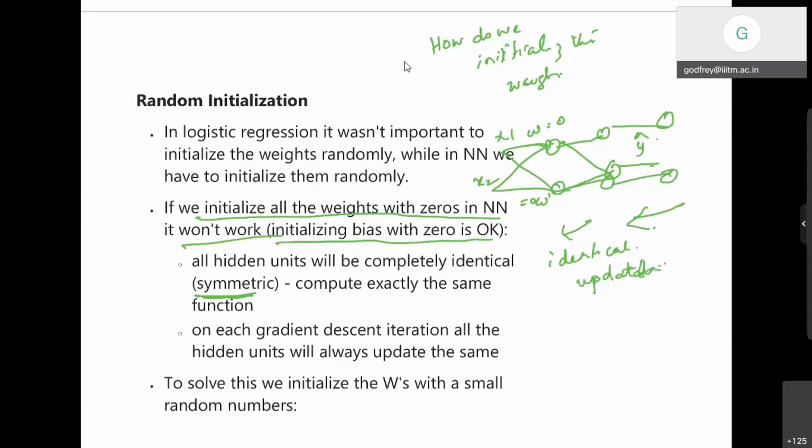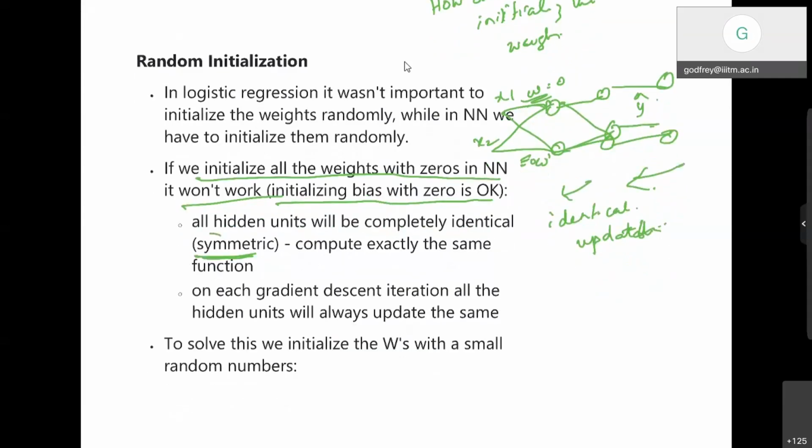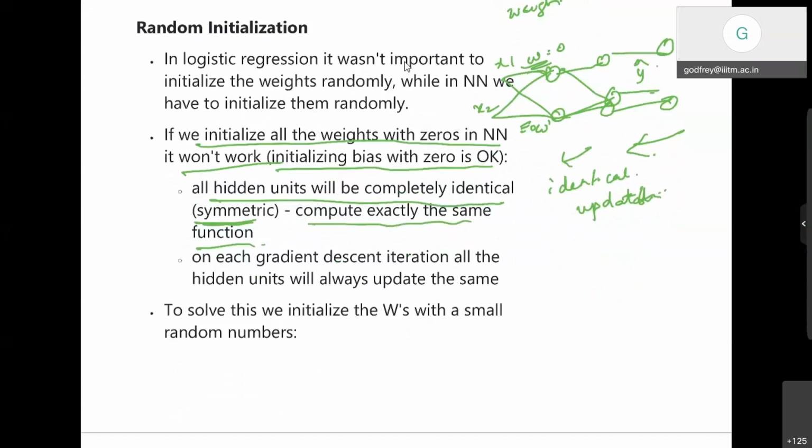It means that all these weights are going to be updated identically, so there is not going to be any change. All hidden units will be completely identical, and may compute the same. On each gradient descent, both on the forward pass as well as the backward pass, it is going to update the same way, so all the weights are going to be identical in a layer.